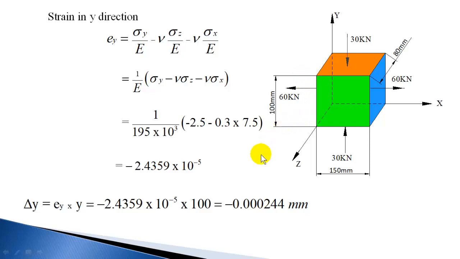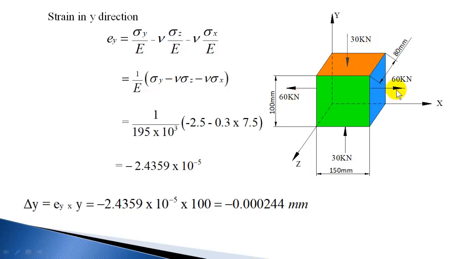Now let us find out the strain in z direction. No load is acting in z direction, but the loads which are acting in x and y direction will induce strain in z direction. This pull is trying to decrease the length in z direction. This compressive load is trying to bulge or increase the length in z direction. So there are two opposite effects.